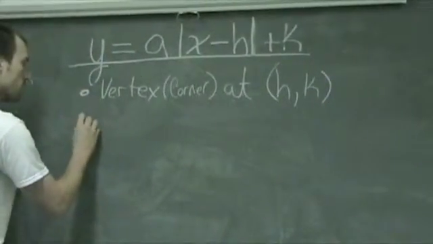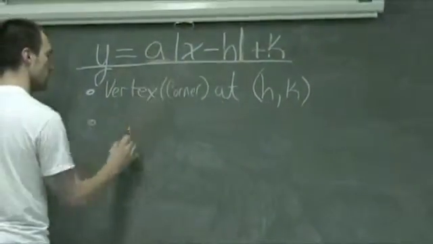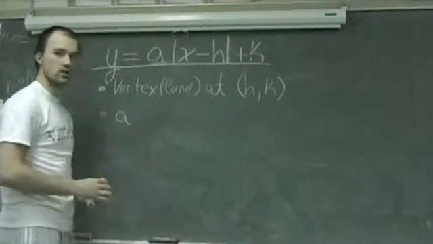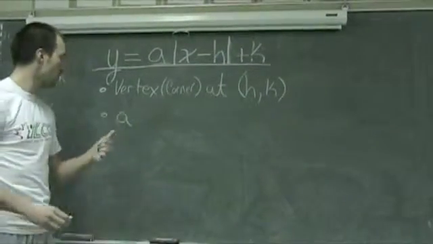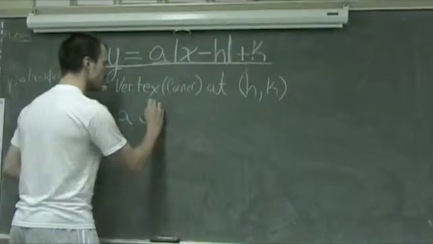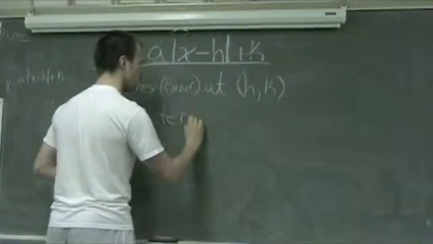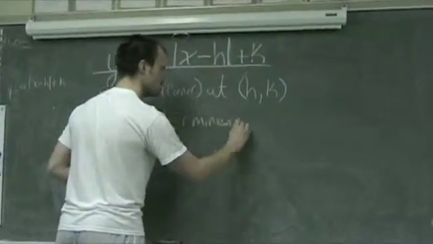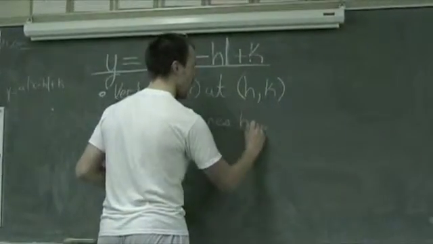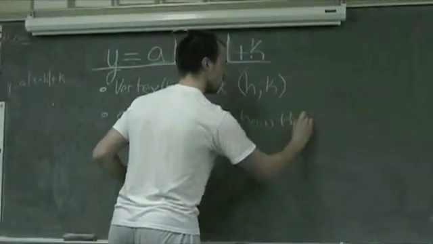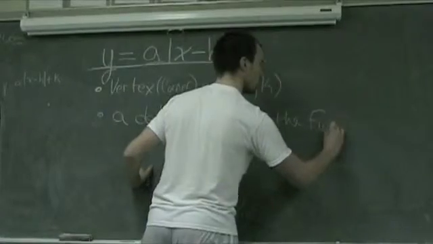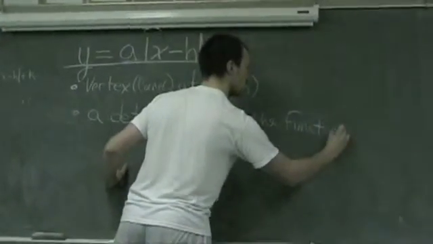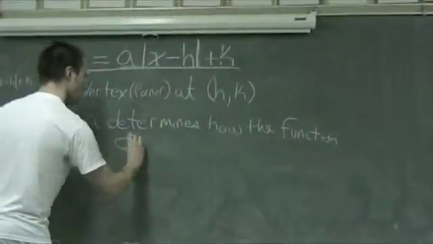Next, we're going to talk about the a value, because the a value does quite a few things for us. Number one, a determines how the function opens.